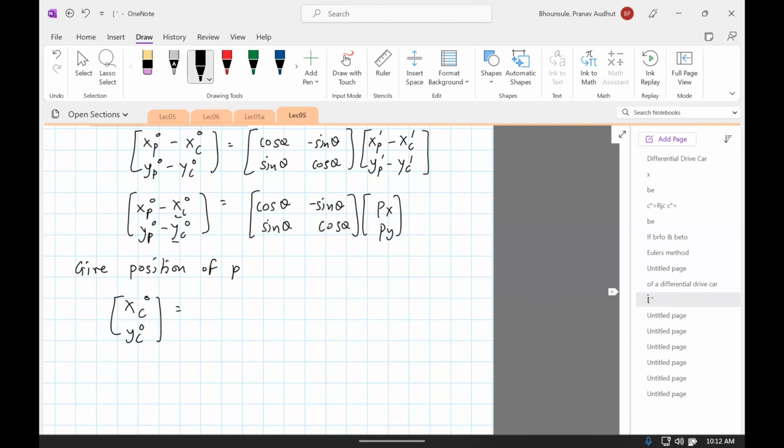So in that case, it'll be xp0 minus the cosine, sine matrix times Px, Py.